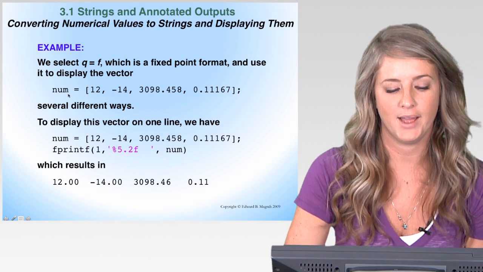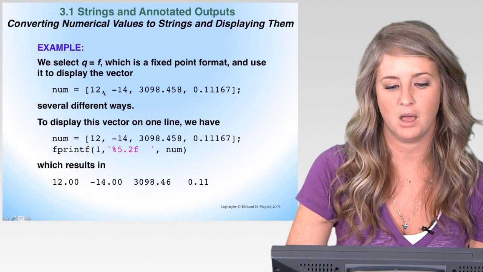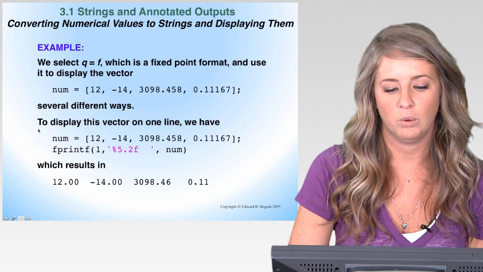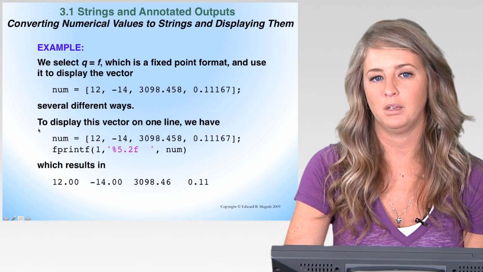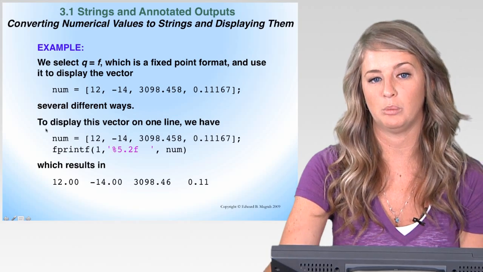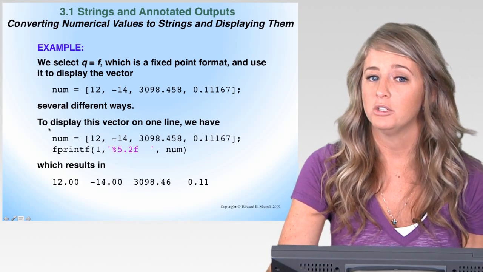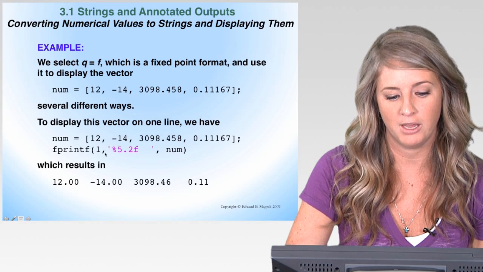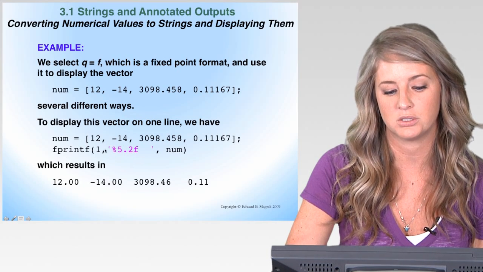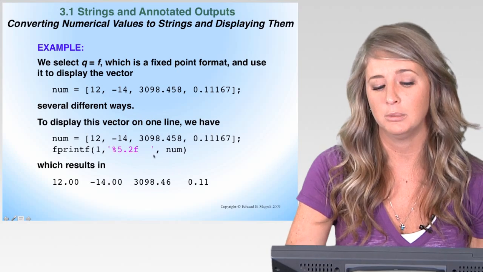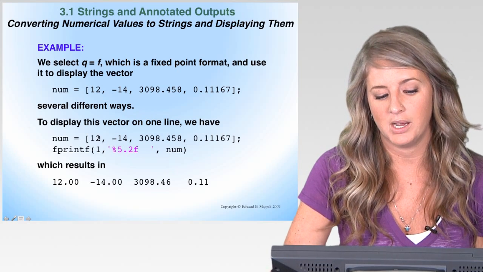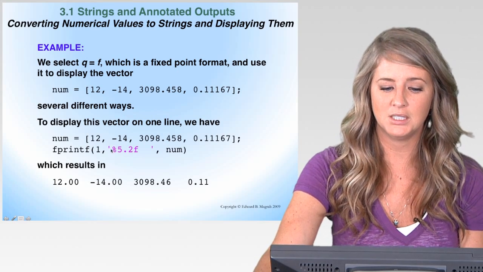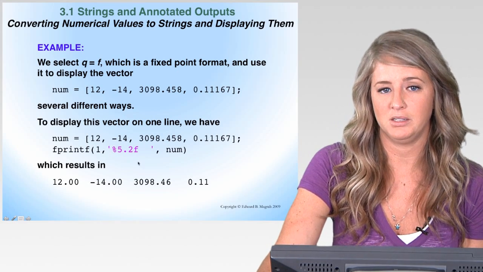Let's say that we have this vector here, so we have num equal to these 4 elements, and we want to display them in one line to the command window, but we're going to use fprintf to do some formatting to these numbers. So you see down here we have fprintf, so 1, again, that's just saying to display it to the command window. We have num, so that's our variable for this vector. And then this here is that formatting specification.